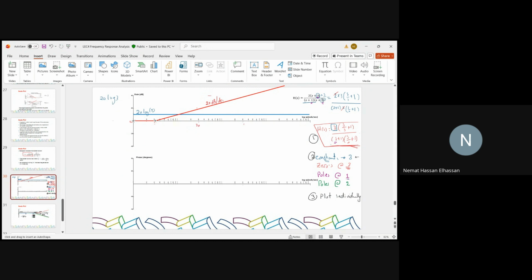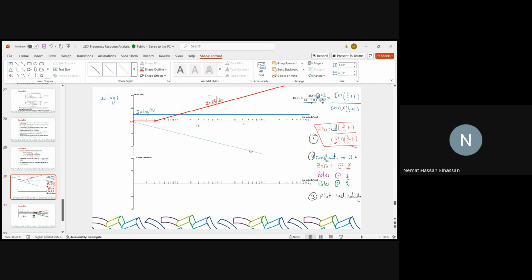Prior to 1, everything is constant, and start at 1. Let's color match it to my pole.